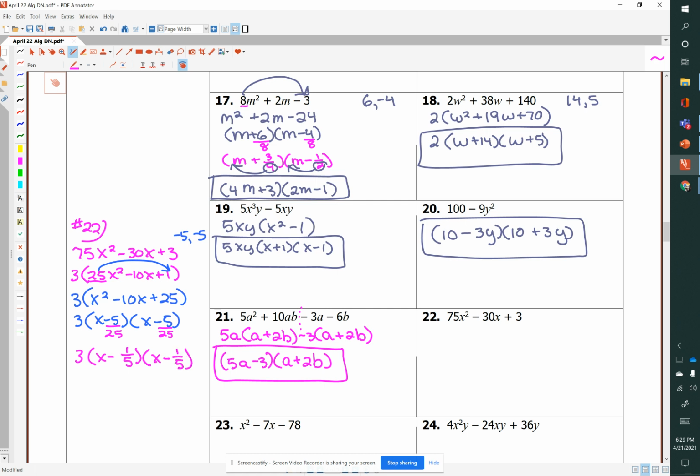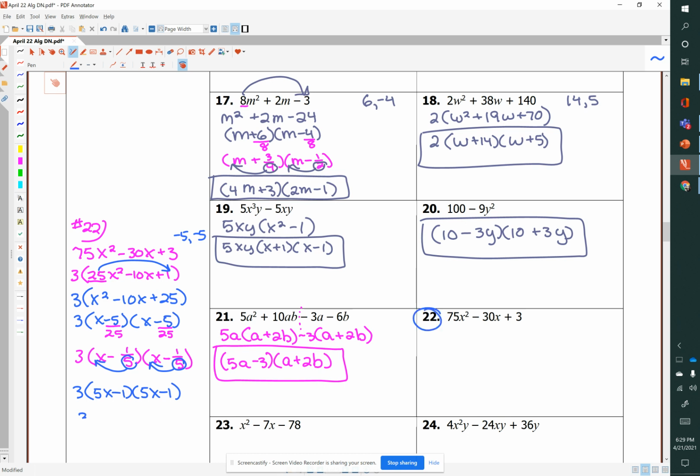I simplified those fractions. And now I will take that denominator of 5, slide it up in front of the x to give me 3 times the quantity 5x minus 1, 5x minus 1.